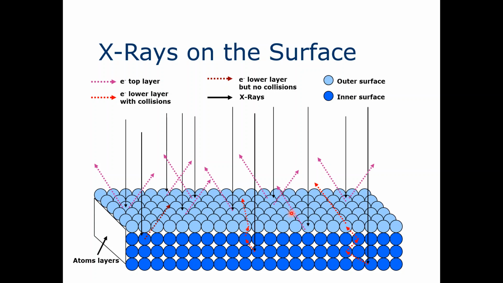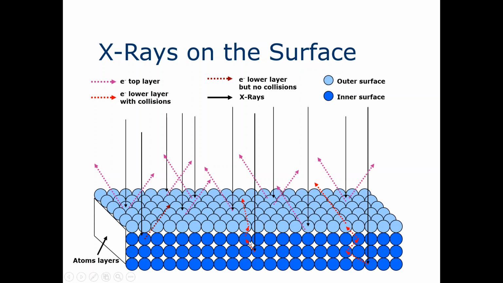Some of the electrons are ejected directly from the surface once the X-ray interacts with the outermost layer, and some electrons from the inner layers are ejected. But during their motion, they have collisions with the electrons of the other atoms.